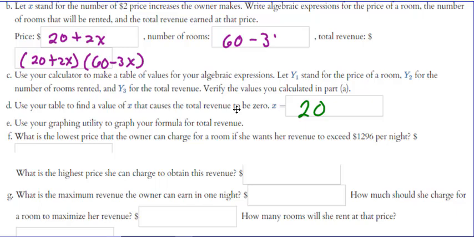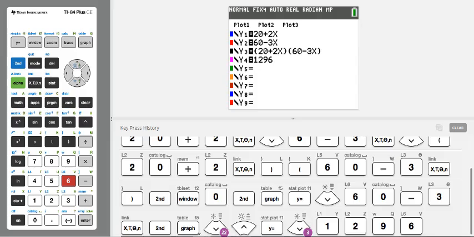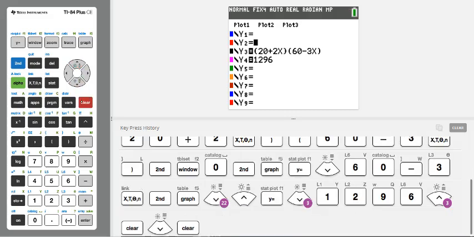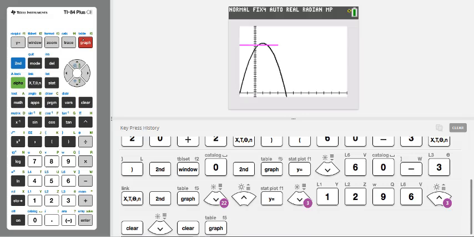So $12.96. What we want to do on a calculator is, after we answer it, we can clear the top two out. So we're just going to do this, and then we'll graph. Right up here is where we're looking. What we're going to do is find those two spots.